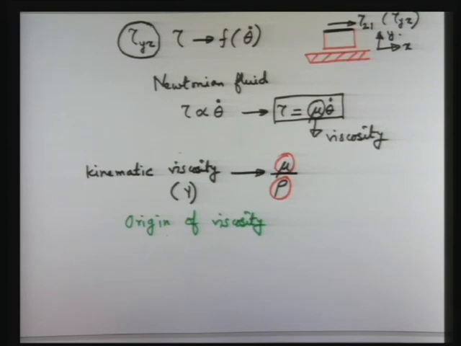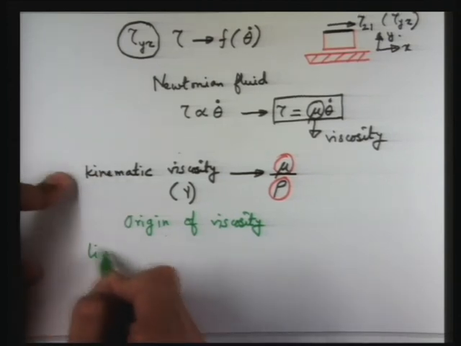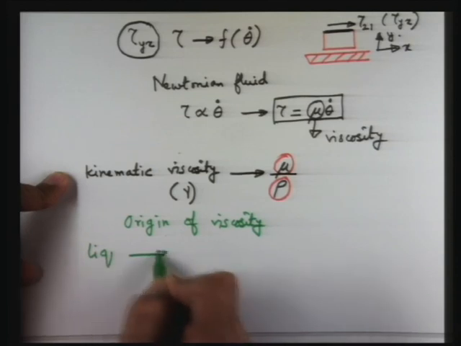The origin of viscosity depends on what type of fluid you are addressing. Is it a liquid or a gas? For a liquid, the viscosity is strongly related to intermolecular force of attraction.